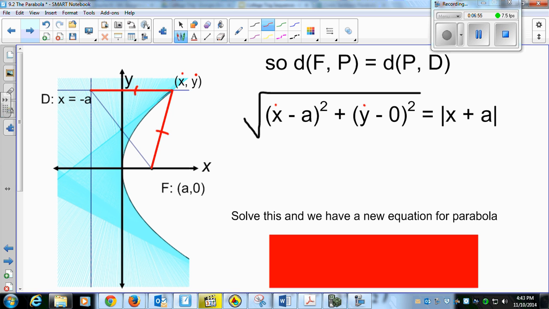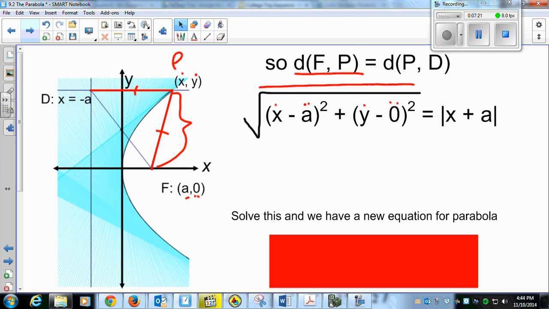On the left side is the distance from F to P. Notice here is my F, and this is my point P out here. So I plug in a from there to here, and my 0 from there to there. So I have the equation for this line here.